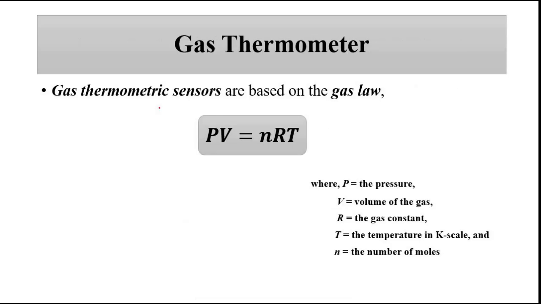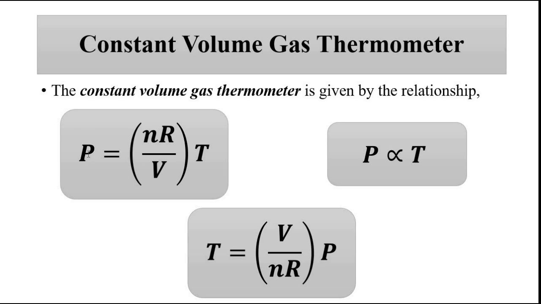In this relationship, PV = nRT, the volume is constant. So if we take the V to the denominator side on the RHS, we'll have P = (nR/V) T. Here the number of moles of gas is constant, the universal gas constant R is also a constant, and the volume is also constant.